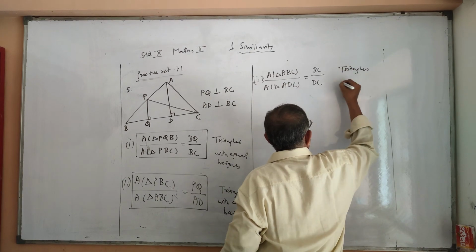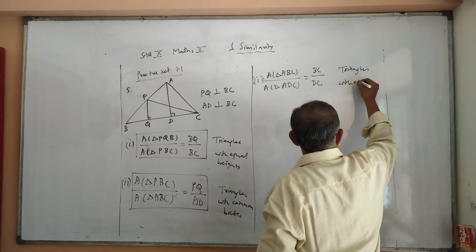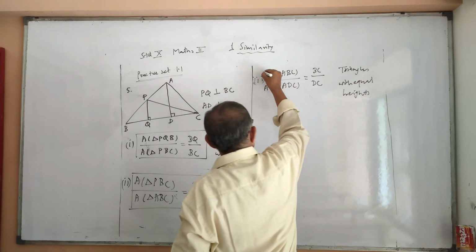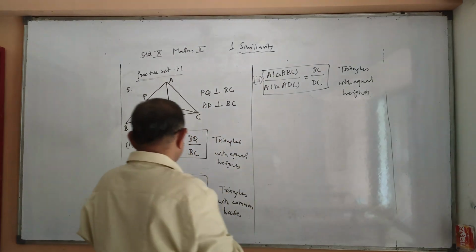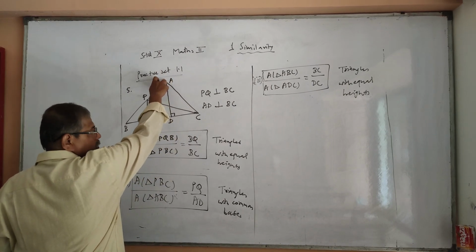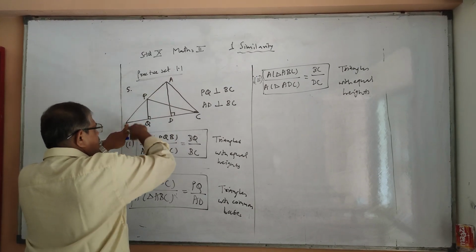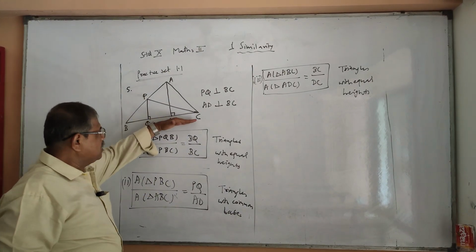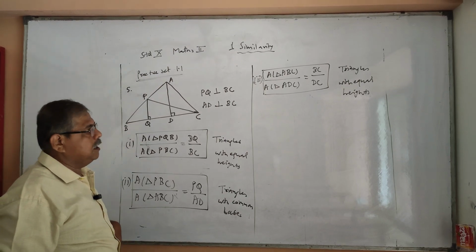Triangles with equal heights. Now one more thing I want to tell you students here. If you observe, B, D, C are collinear points and A is the point opposite to it. So obviously triangle ABC and triangle ADC must have equal height because base points are collinear and opposite only one vertex. In that case we can say triangles must have equal heights.